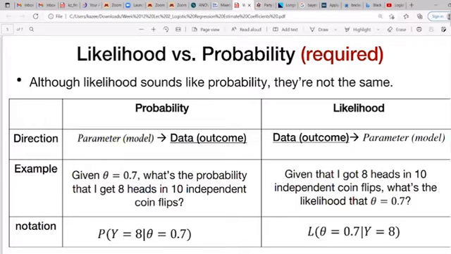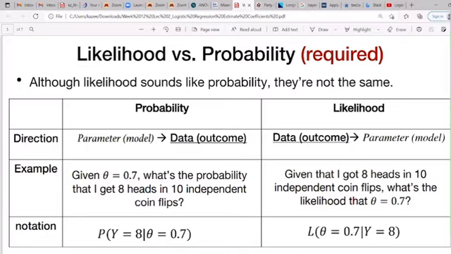what is the probability that I get 8 heads in 10 independent coin flips? That would be a binomial distribution, because, as I told you, the response variable is categorical, so of course the underlying distribution of logistic regression is binomial.